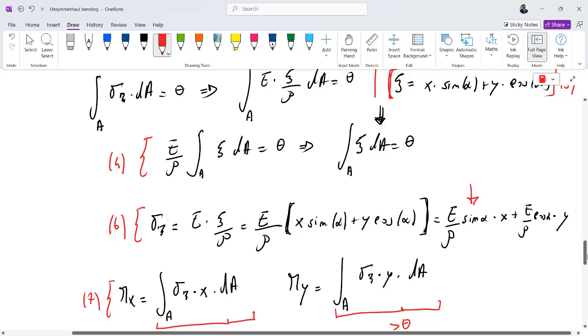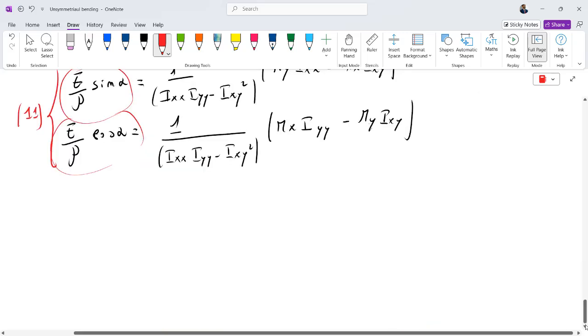So this proof is a little bit complicated, but not impossible. It's complicated because you must go from one formula to another formula and return to the previous formula. So if I put the 11th results in this 6th formula, I can obtain the relation for sigma z.